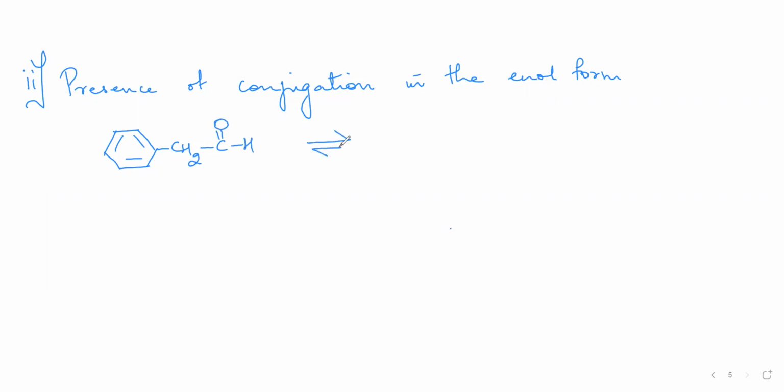If I try to write the enol form for this, what will happen? यहाँ से H निकलेगा और यहाँ migrate करेगा, alpha hydrogen. I'll show it to you कैसे हुआ है ये. H plus comes out. This electron pair shifts here. This shifts here and this migrates. So I get this enol.